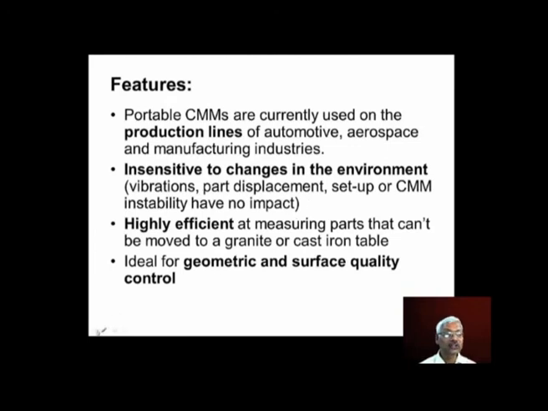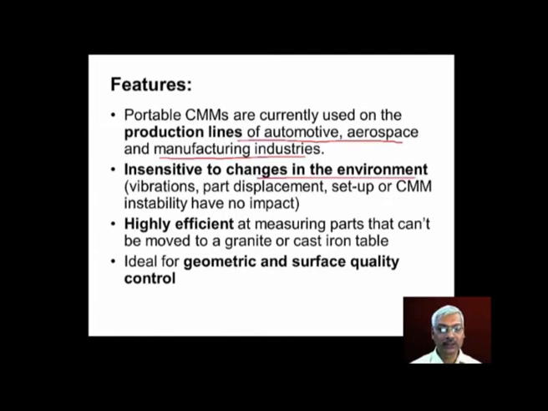Now, what are the features of portable coordinate measuring machine? These portable CMMs are currently used on production lines of automotive, aerospace and manufacturing industries. They are insensitive to changes in the environment.